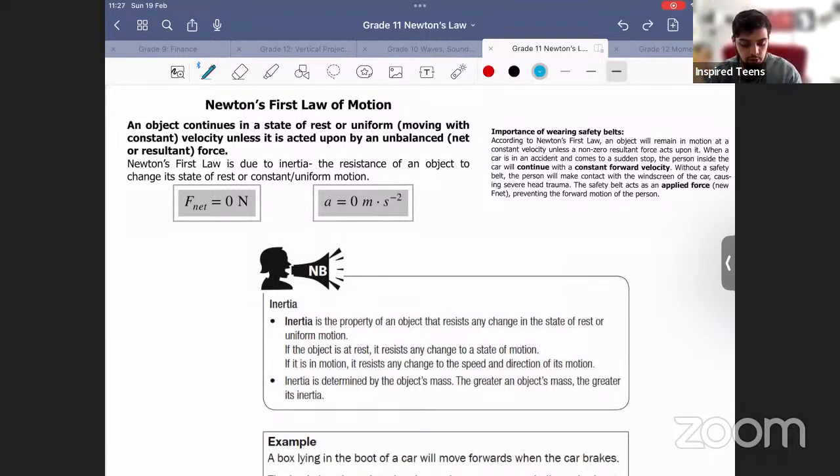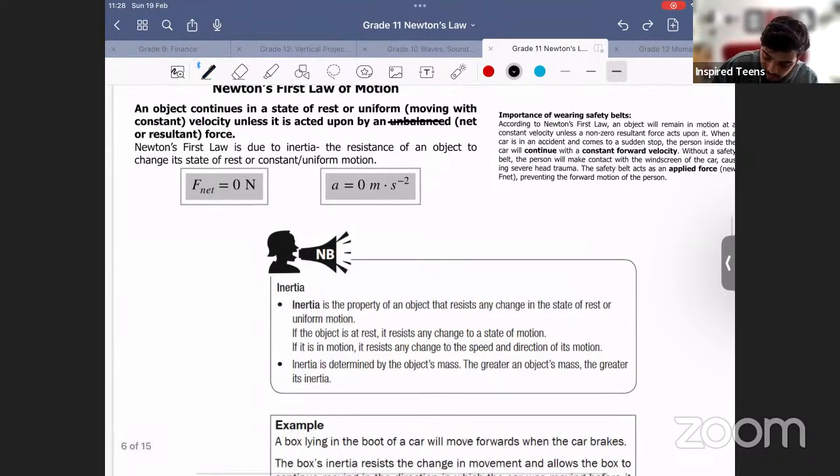Newton's first law of motion states that an object continues in a state of rest or uniform motion, moving with constant velocity, unless it is acted upon by an unbalanced or net force. Another way of saying it is unless a net force is applied to it.